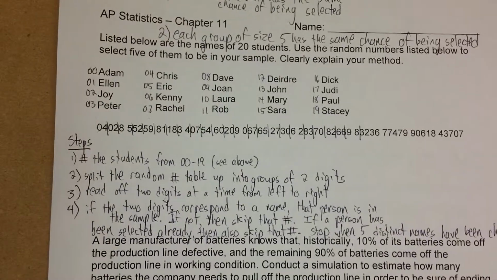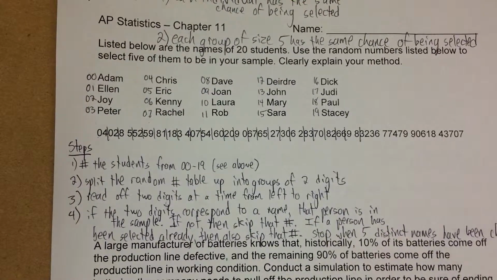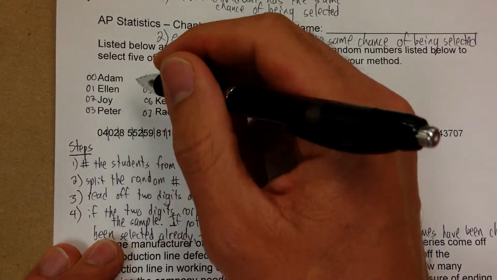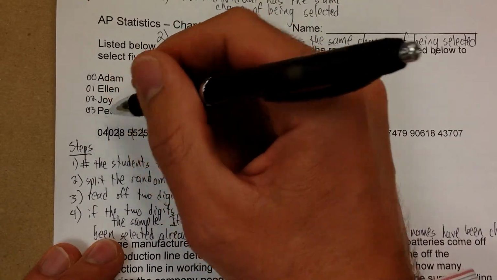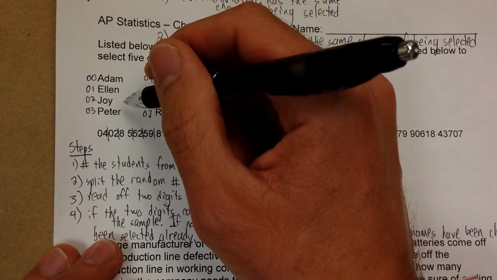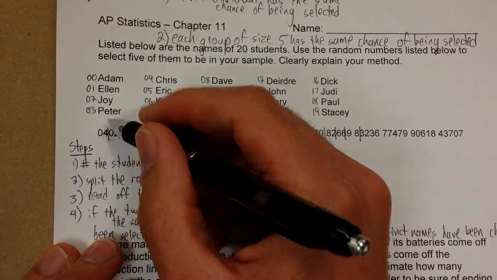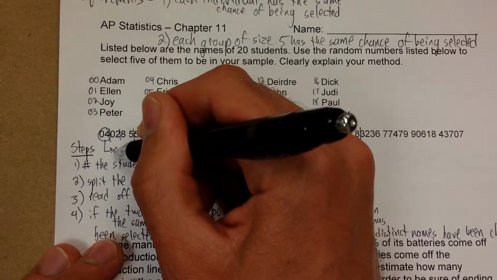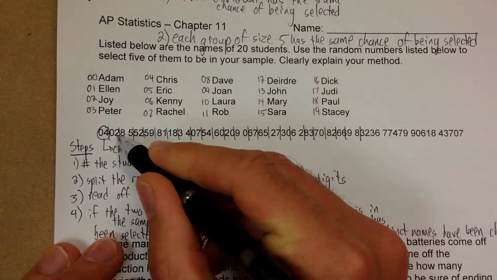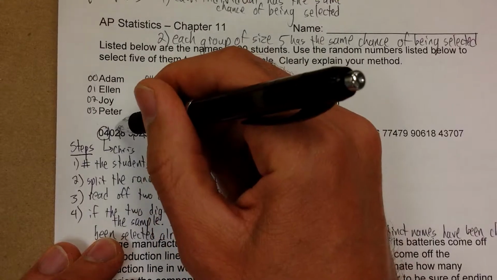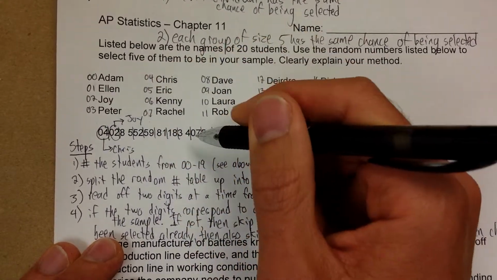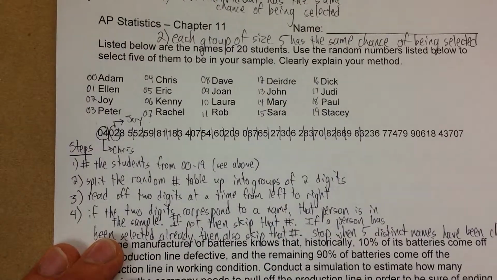Now I'll conduct my algorithm, going from left to right. 04, that's Chris. There's several ways that you could indicate this. You can just circle, for example, and then maybe under here write Chris. Here, next one, 02, that corresponds to Joy, or whoever it is based on your numbering.